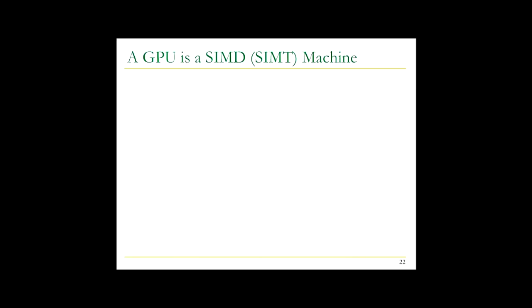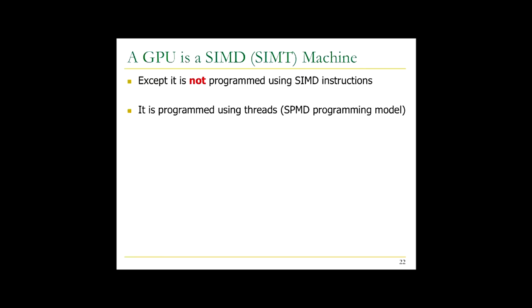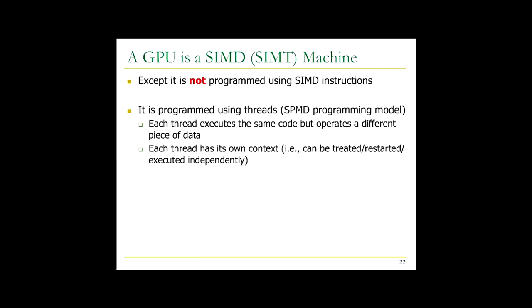So we'll see that. So basically, a GPU is a SIMD machine, except it's not programmed using SIMD instructions, as I've just said. It's programmed using threads with that SPMD programming model. Each thread executes the same code, but operates on a different piece of data. And each thread has its own context. This is obvious. It can be treated, restarted, executed independently. It has a different program counter.